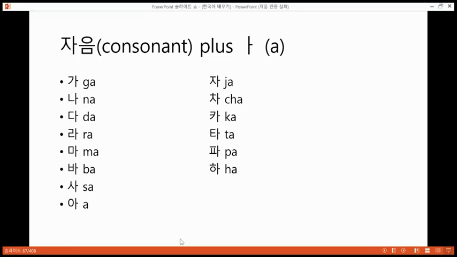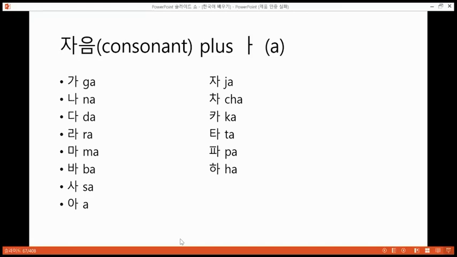ㅏ is the first vowel of the Korean alphabet. How many consonants do we have in the Korean alphabet? 14 consonants plus 10 vowels, so you are right. All in all, 24.